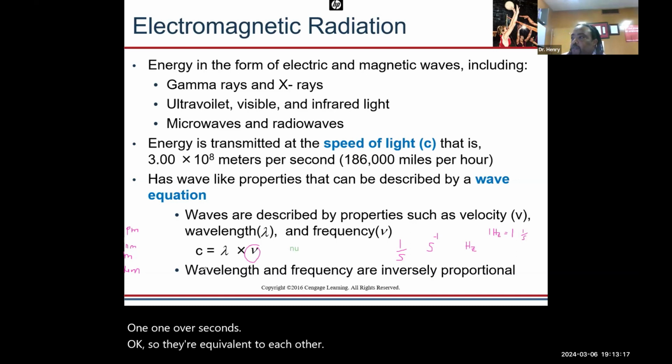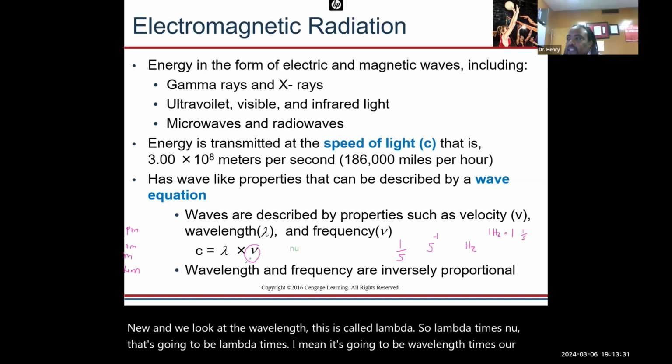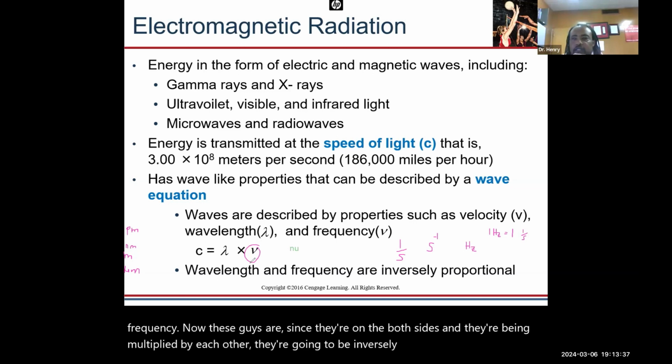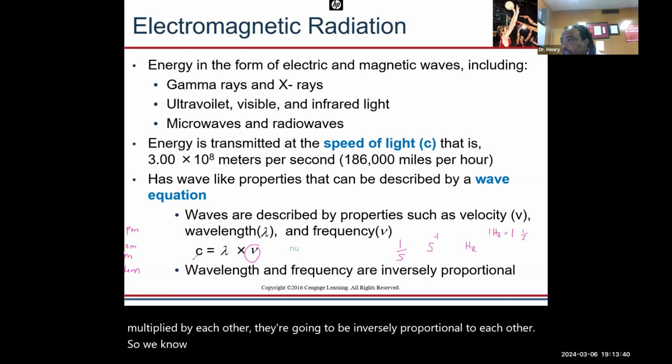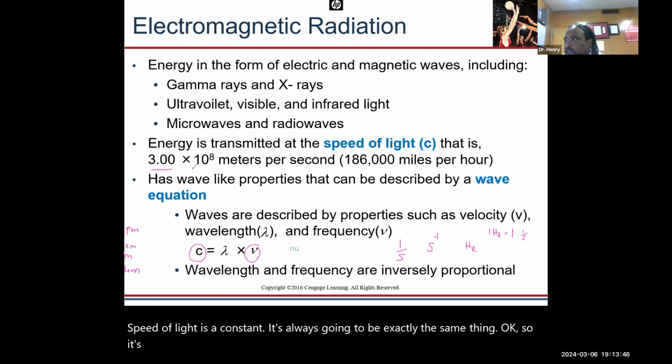Now, if we look at frequency, nu, and we look at the wavelength, this is called lambda. So lambda times nu is wavelength times our frequency. Since they're on the same side and being multiplied by each other, they're going to be inversely proportional. We know that the speed of light is a constant. It's always going to be exactly the same thing, 3.00 times 10 to the eighth.